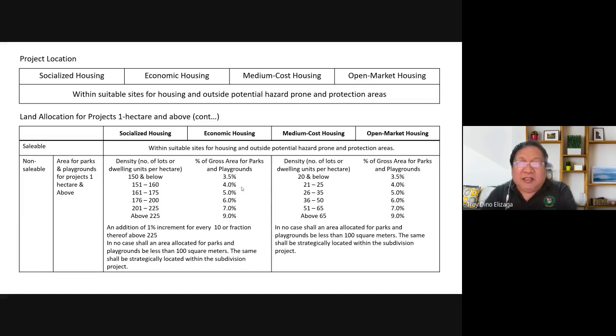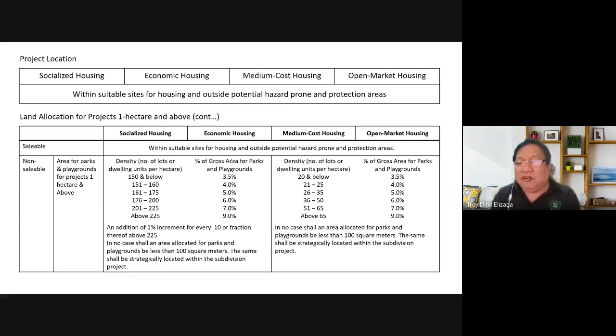And then divide that into chunks: 40% for the single detached, 30% or 2,100 square meters for the row house, and 2,100 for duplex and single attached.